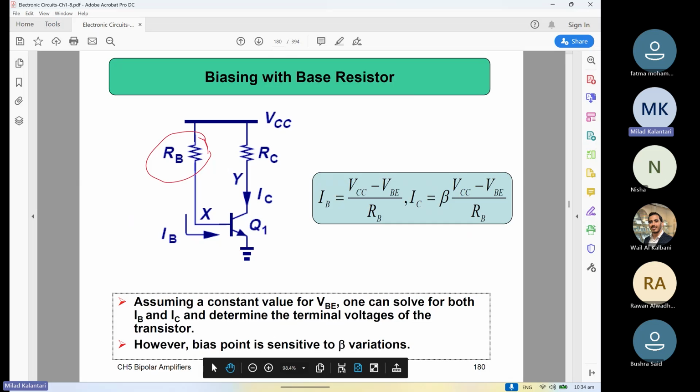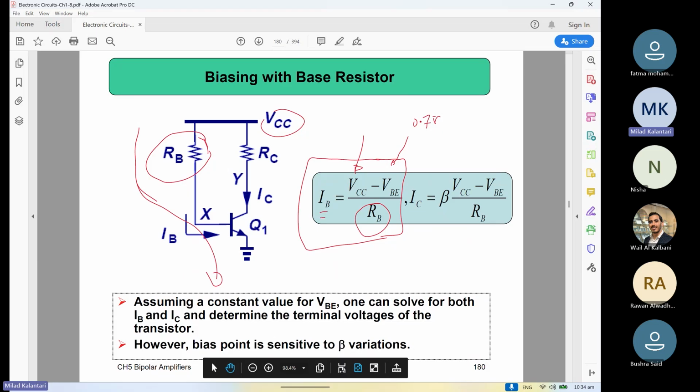It's already written here, right? You just need to write one KVL from here to here: VCC minus RB times IB minus VBE is 0, right? VBE is almost fixed, 0.7 volt. You have the VCC value, your supply voltage, for example, and this RB defines how much current is going in.